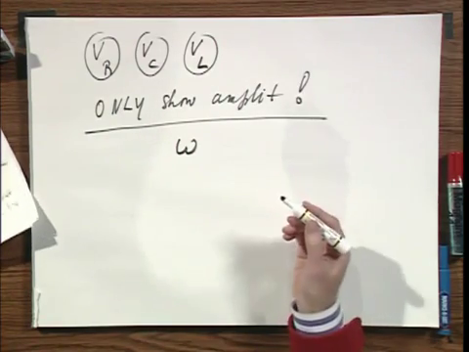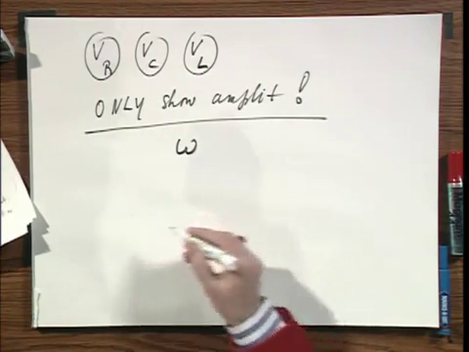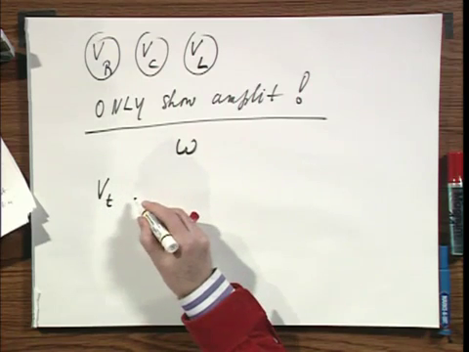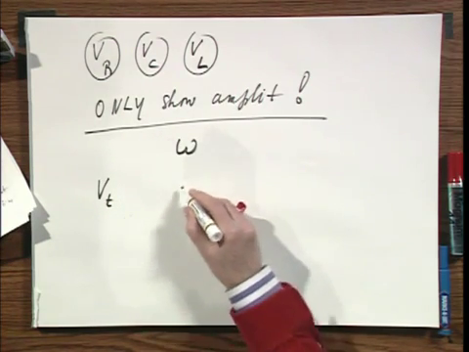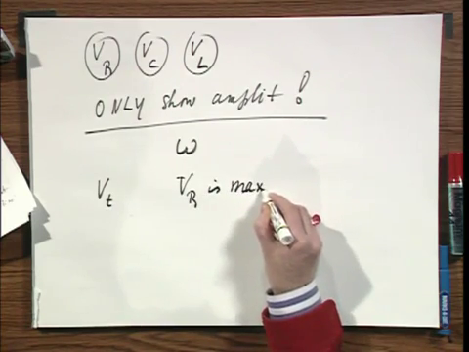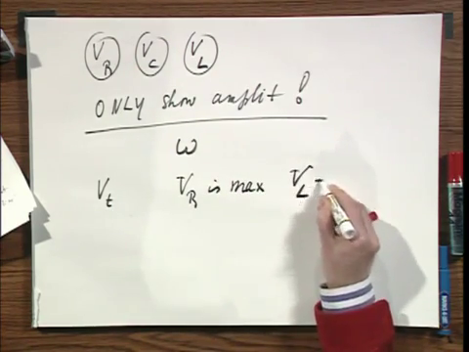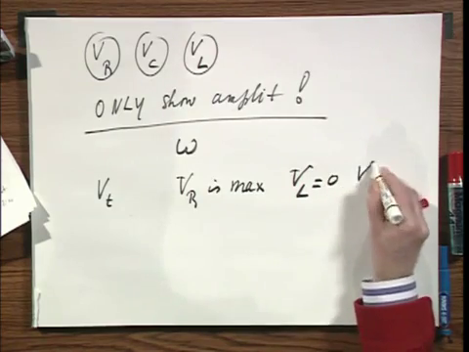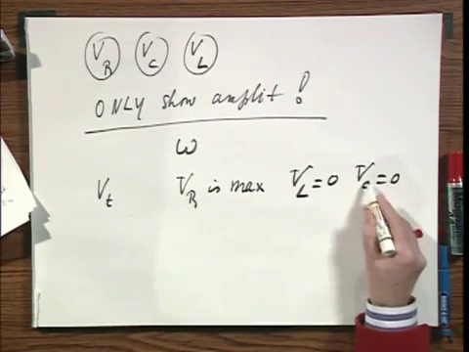If they could show the instantaneous values, V at any moment in time, then you would see when VR is a maximum, then VL would be 0, and V of C would be 0.